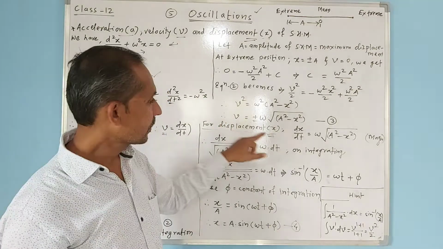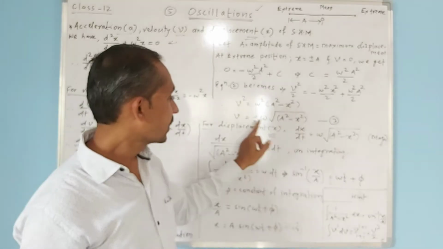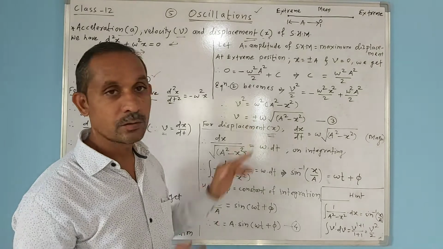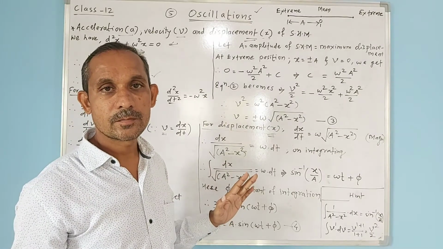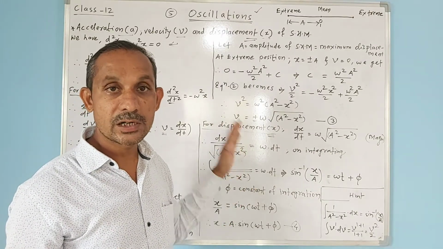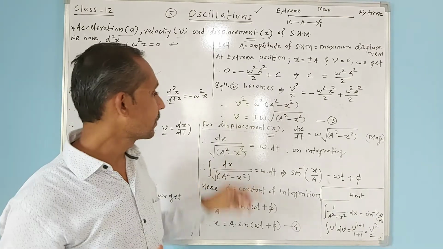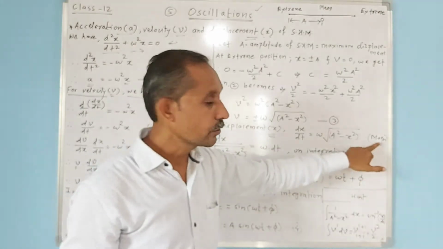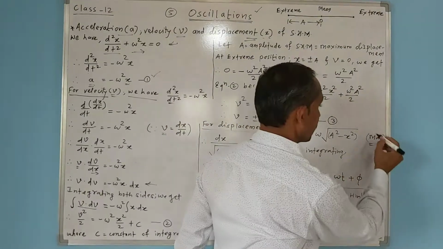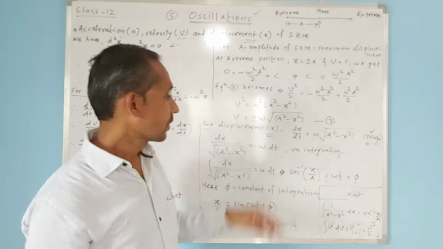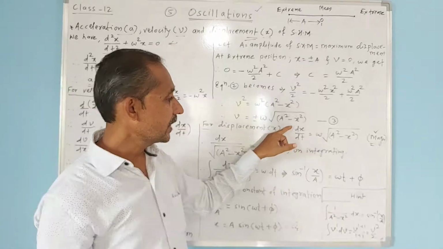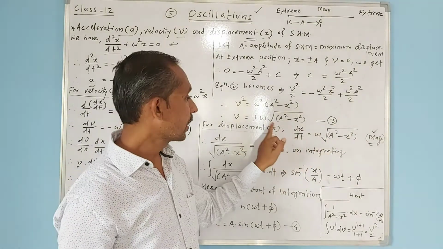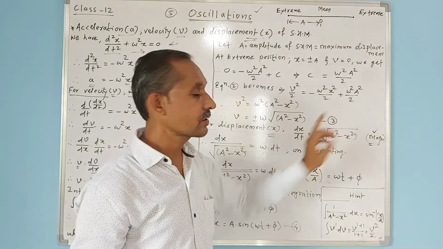So v means dx by dt equals the right hand side. Leave the positive or negative signs and consider only the magnitude of velocity. So on the left hand side dx by dt, on the right hand side omega under root of A square minus x square.